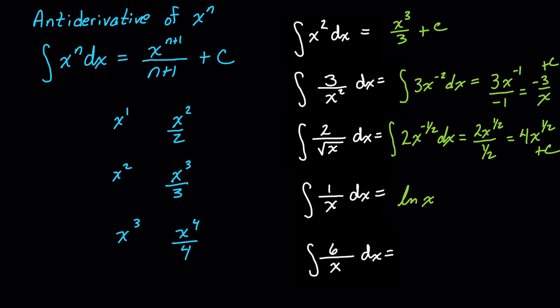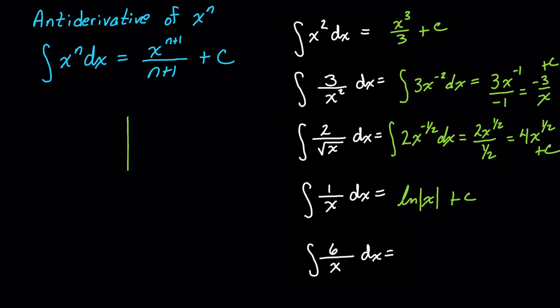Now there's something that we also have to put onto here, and that is that this is the natural log of the absolute value of x plus c. And you must always put that absolute value on there. Now the reason being is because if you think about the graph of 1 over x, this is what we are starting with. 1 over x is your parent function for a rational function.